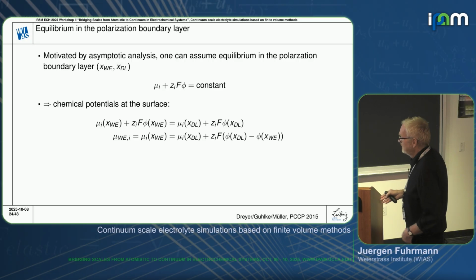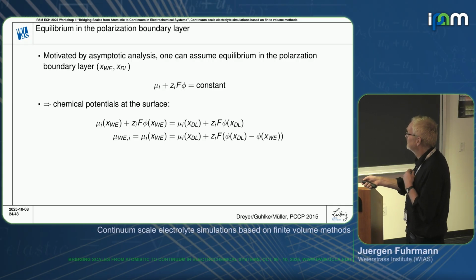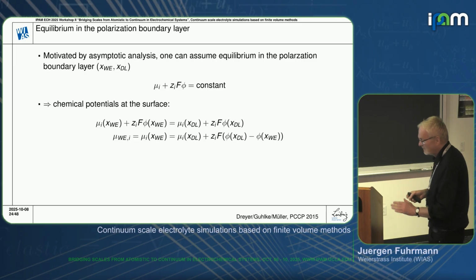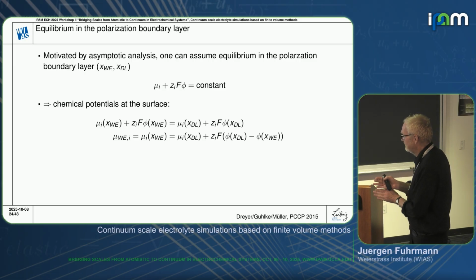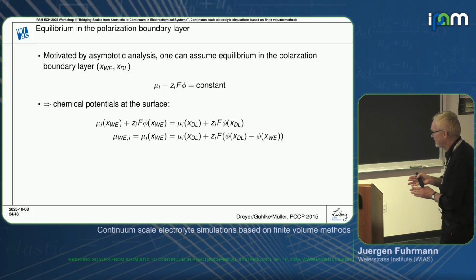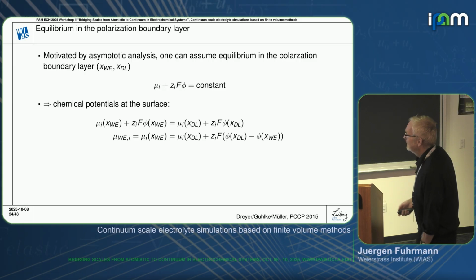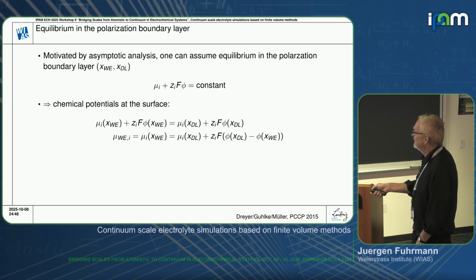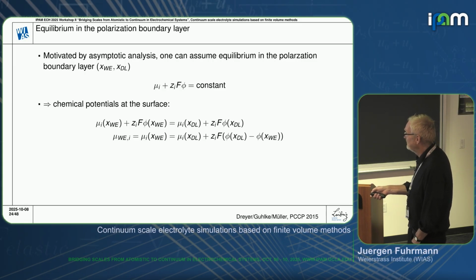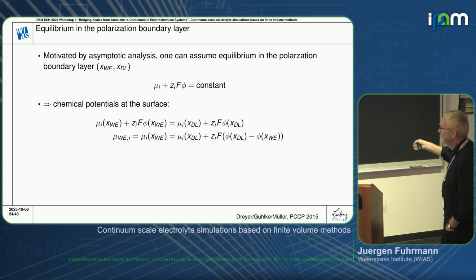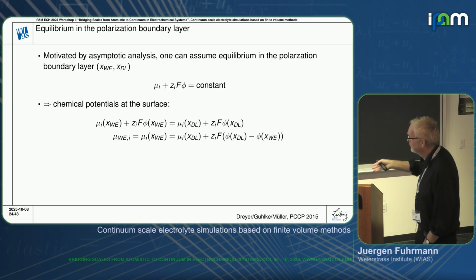Basically, one can derive these electroneutral equations, and the fact that we can assume an equilibrium in the polarization boundary layer, by asymptotic analysis, using the method of matching asymptotics at the interface between the double layer and the bulk. And this allows us then to define chemical potentials at the surface by the values of the chemical potentials in the electroneutral domain.